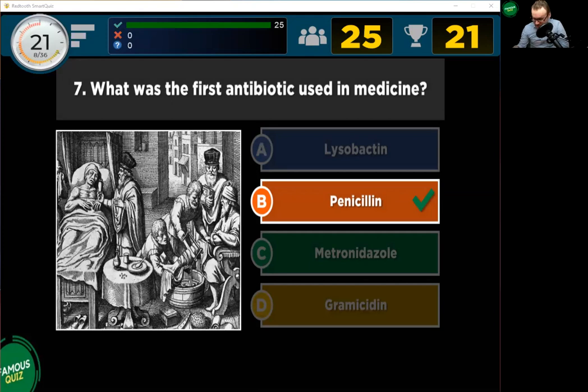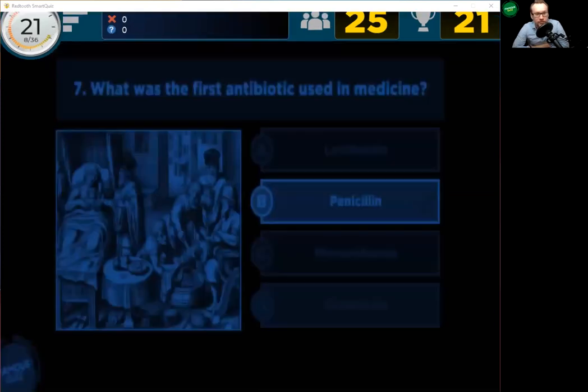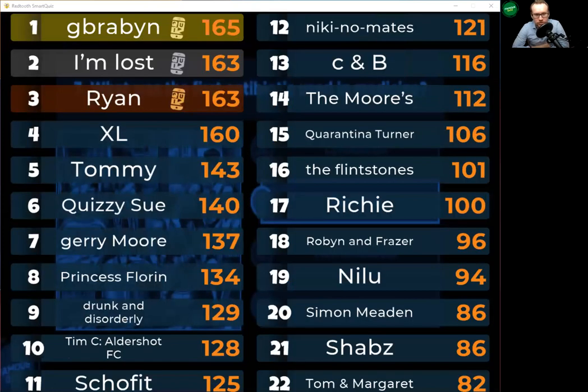All right. Let's see the leaderboard after the first round. G. Braben is in second place with 163 points. Actually, Ryan and I'm lost, you are splitting the second place with 163 points, and XL with 160 in fourth place.